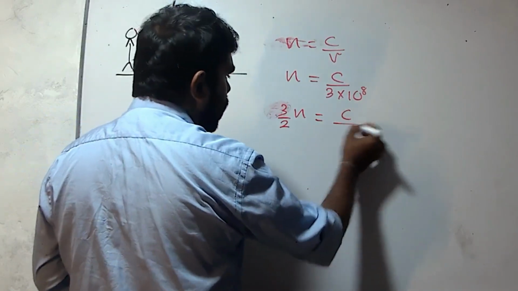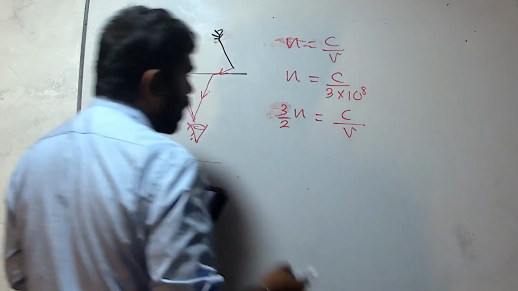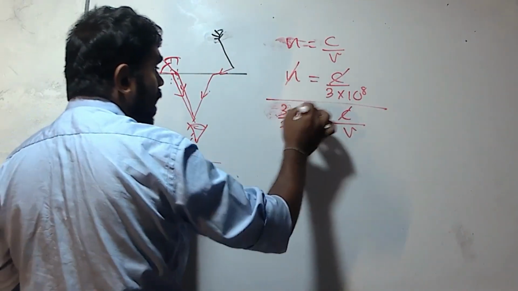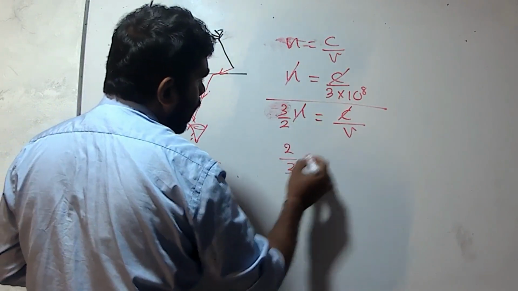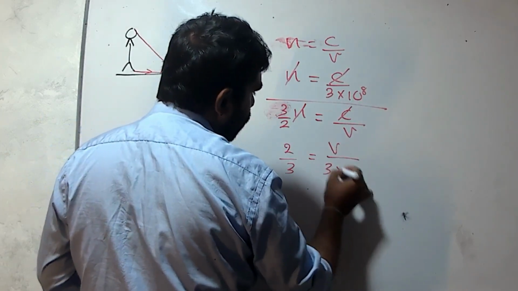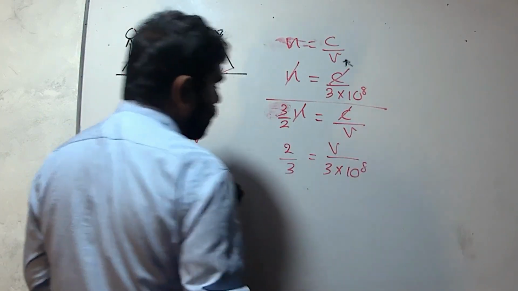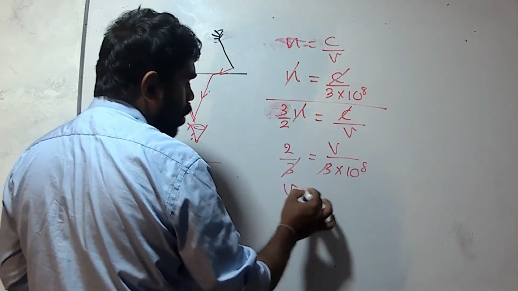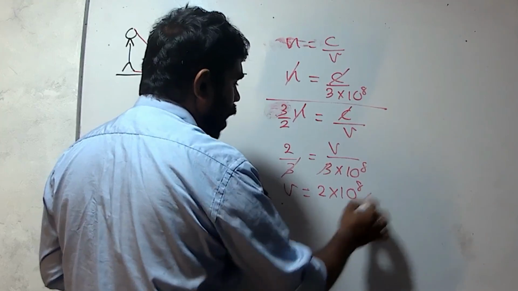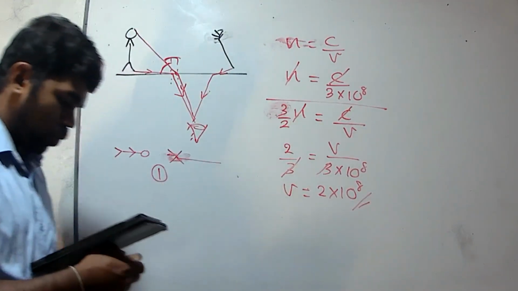C is constant, we have to find velocity. Then we can divide both equations. C is cancelling, n is cancelling. 2 over 3 equals v over 3 into 10 to the power 8. Then the velocity of the wave in the second medium is 2 into 10 to the power 8 meters per second.